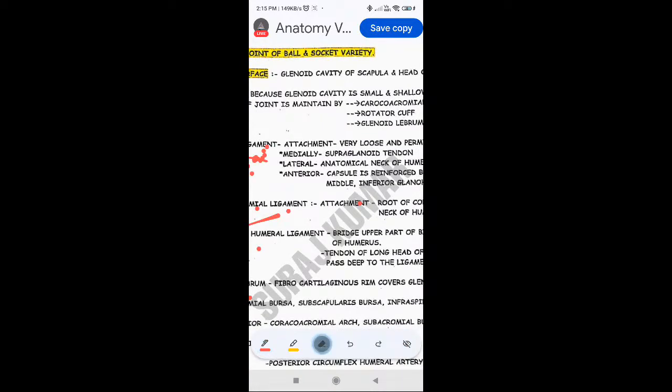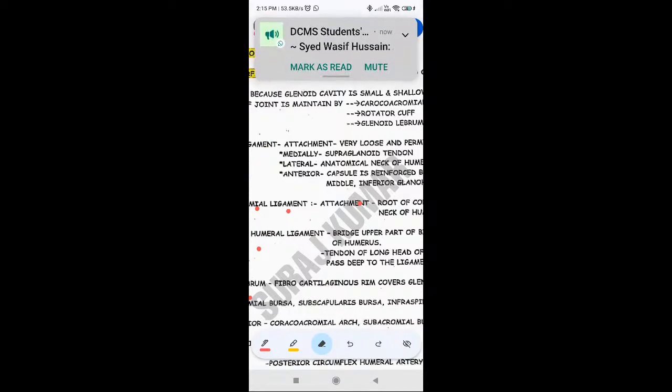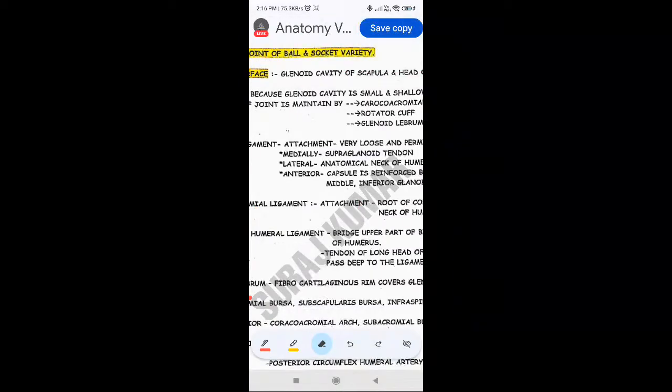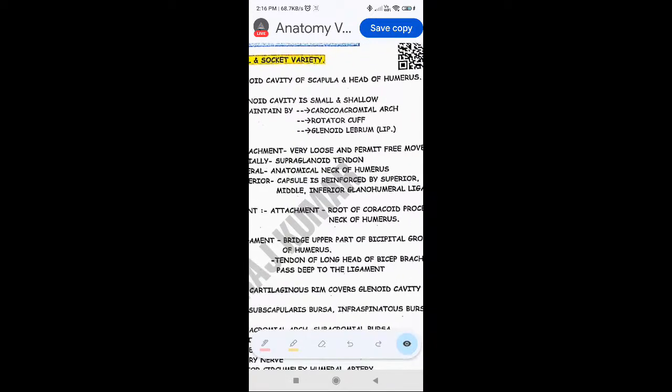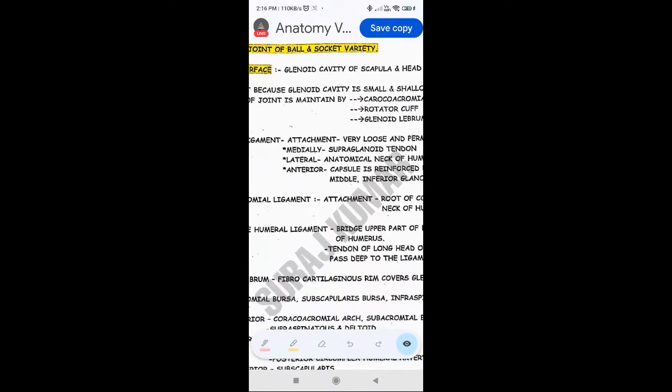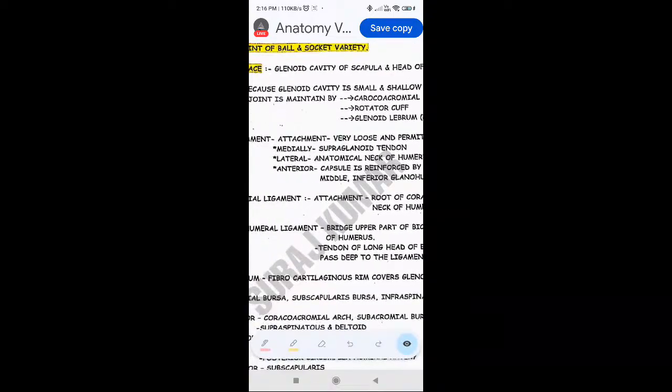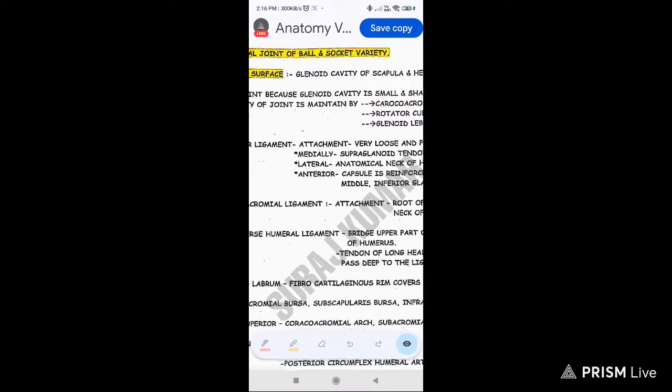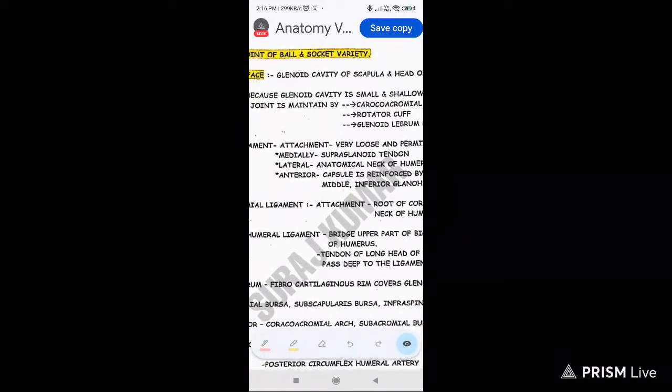So if you see here, the capsular ligament attachment is very loose and permits free movement.